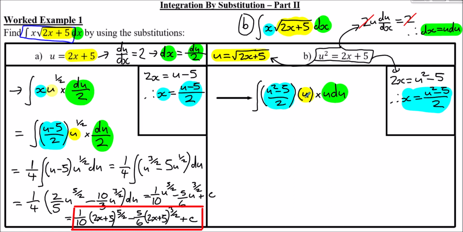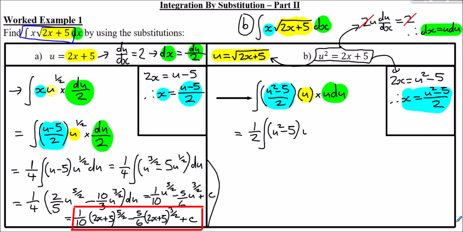So of course you can hopefully see here there's a factor of 2, so I can take out that factor of 2. So I'm going to have a half u squared minus 5 multiplied by u squared du, because we've got u times u here, so it's u squared du.